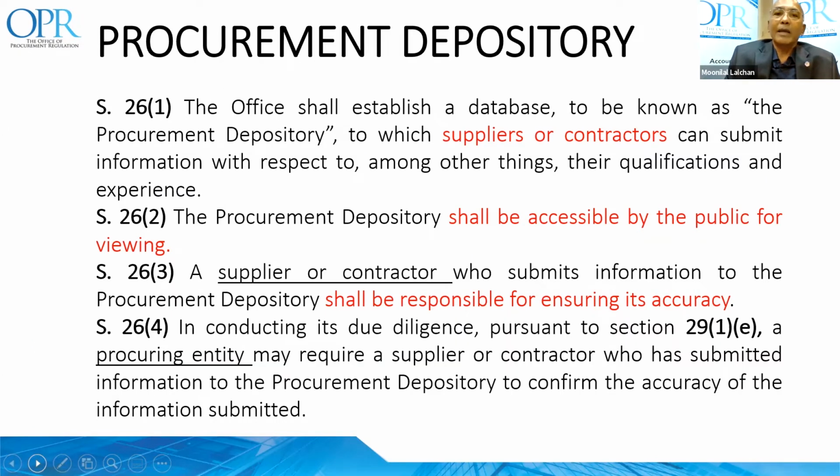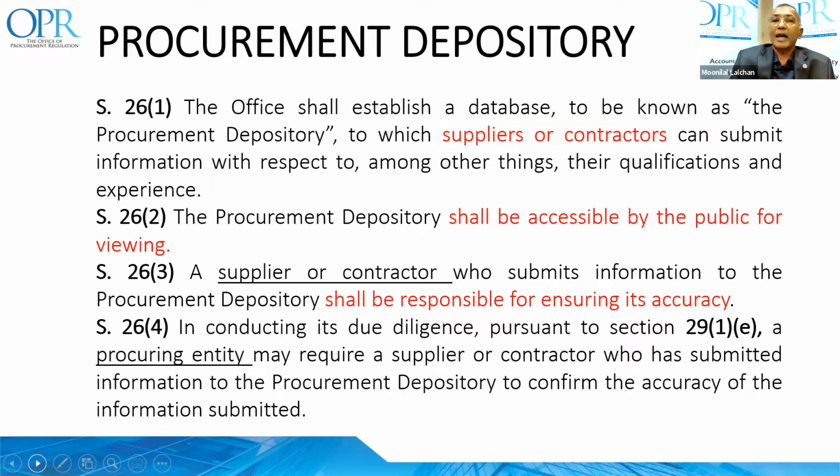Here is where I think a lot of discussion may take place later on. Under the regulations, in respect of pre-qualification and pre-selection, Regulation 8 states that public bodies are now mandated to only use suppliers and contractors that are registered and qualified as pre-qualified suppliers and contractors on the OPR database.